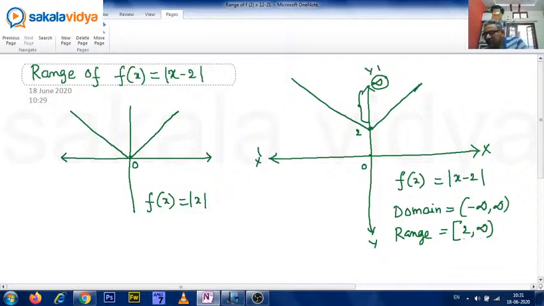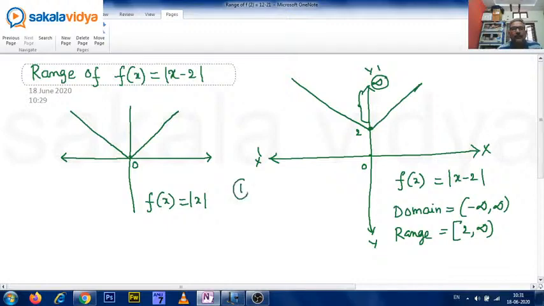Understood now? We can find it, but for these mod functions it is better to draw the graph.